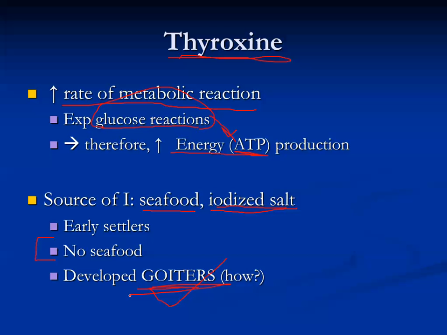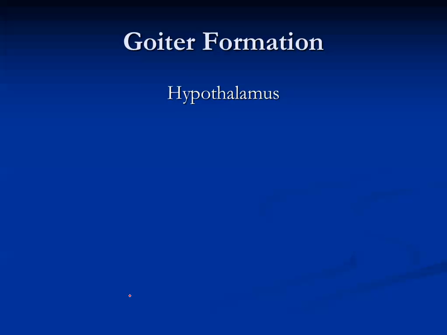So now we're going to fill in that little box on the right. How does an iodine deficiency cause the formation of a goiter? So goiter formation. If the hypothalamus senses low levels of thyroxine, again, there would be low levels of thyroxine because there is no iodine to build thyroxine. When the hypothalamus, which is always sensing blood hormone levels, senses a low level of thyroxine, it secretes its hormone, which is TRH.